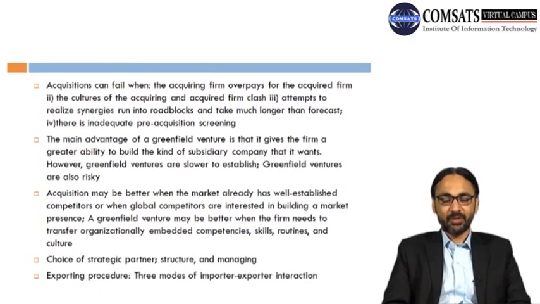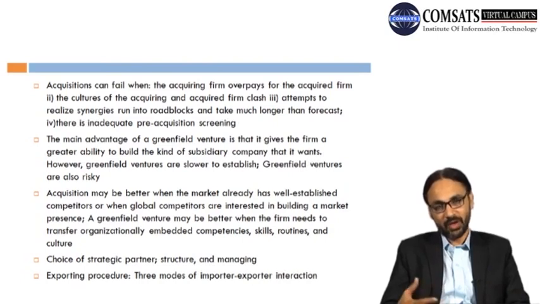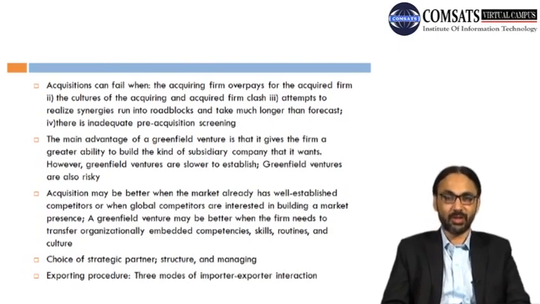Choice of strategic partner, structure, and managing. These are the three steps the firm has to take when choosing a partner for a strategic alliance. The first thing is to choose the right strategic partner. The second is what the strategic partnership structure should be, and the third is how they are going to manage the partnership relationship in the future.